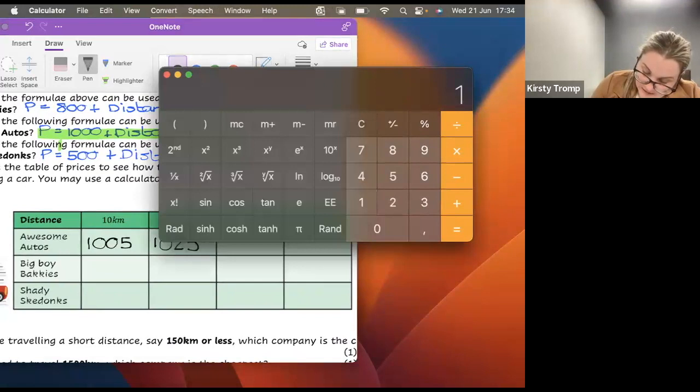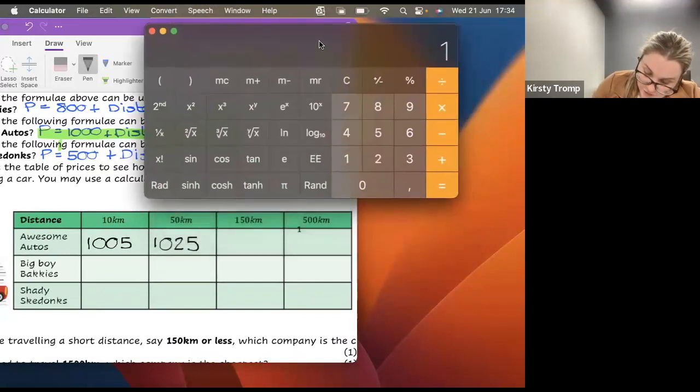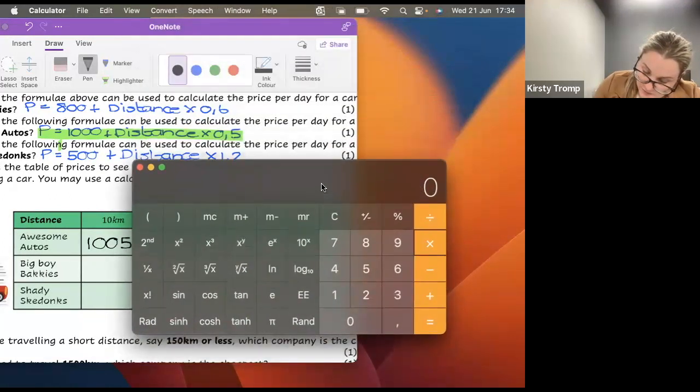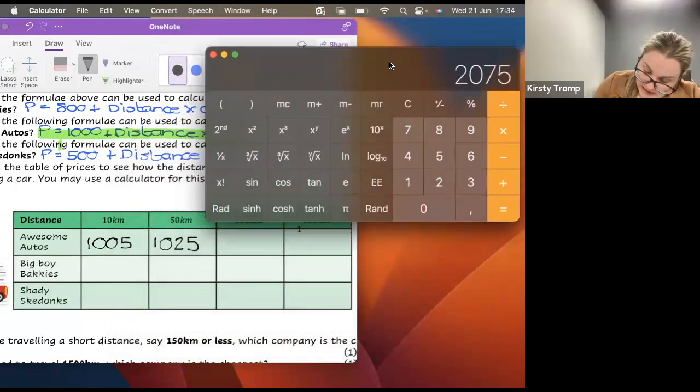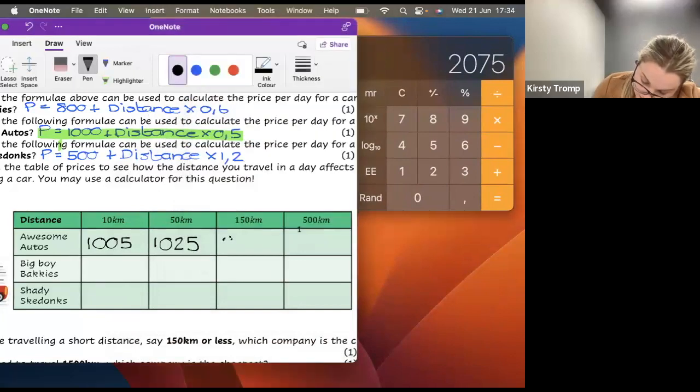My next one, I say my distance, which is 150 times by 0.5 plus 1,000 gives me 2,075.